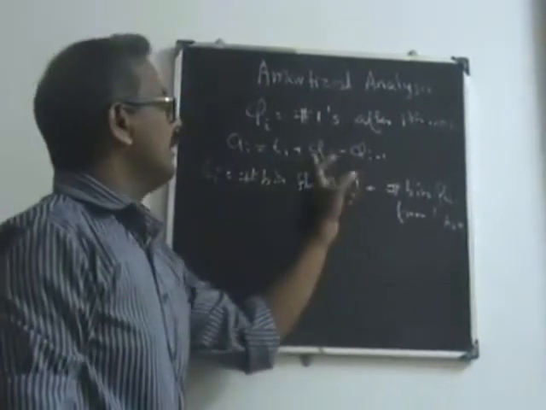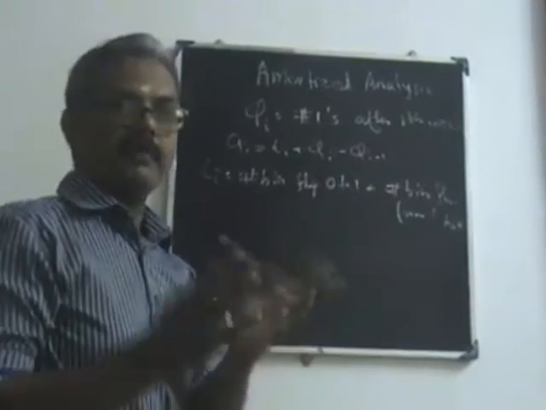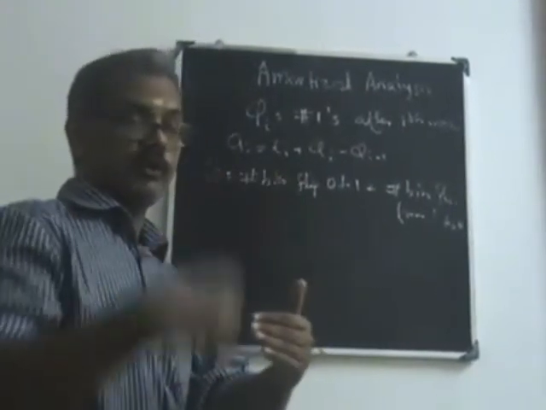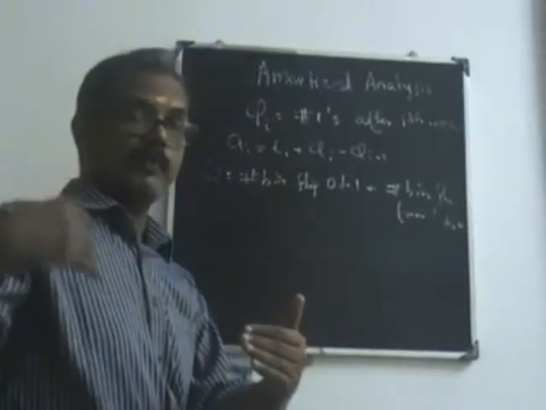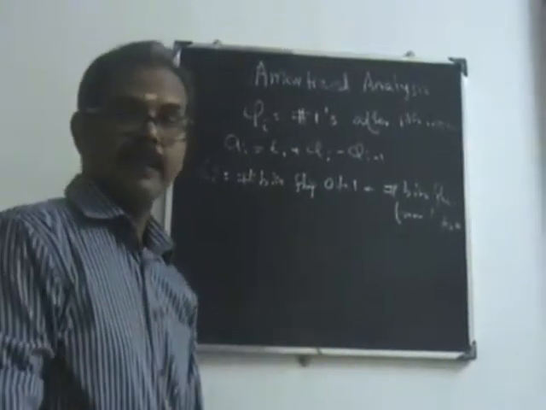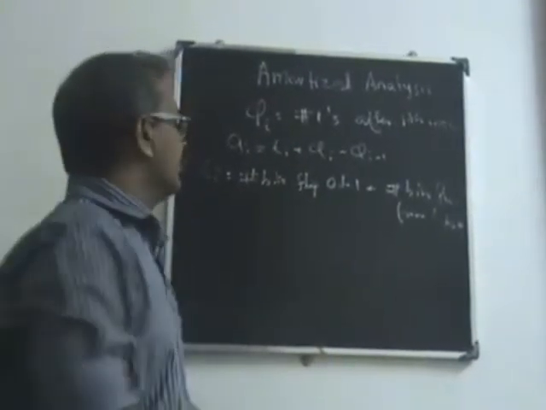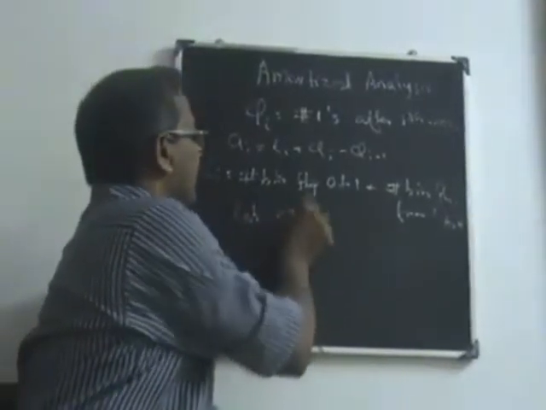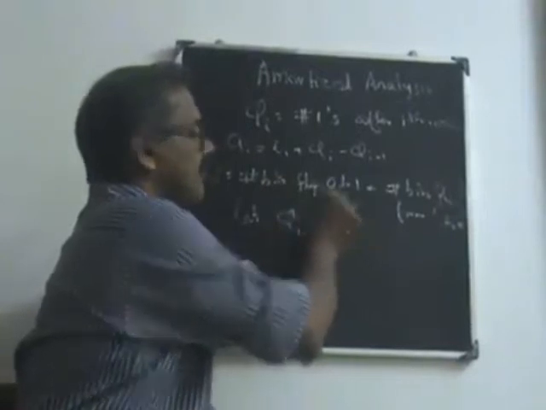Then we have to find the value of phi_i and phi_(i-1). Phi_(i-1) we do not know, because this increment may be from 4 to 5, or it may be 7 to 8, we do not know. Therefore, let us take phi_(i-1) equal to some alpha.